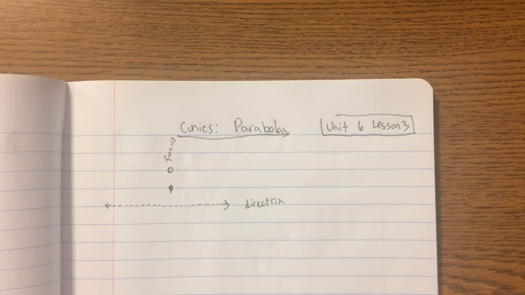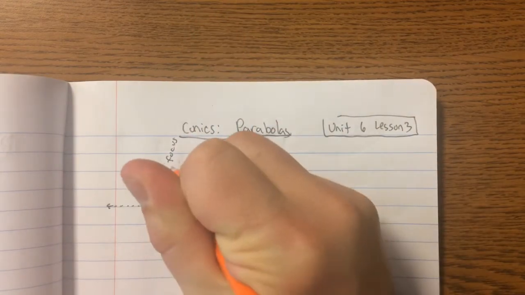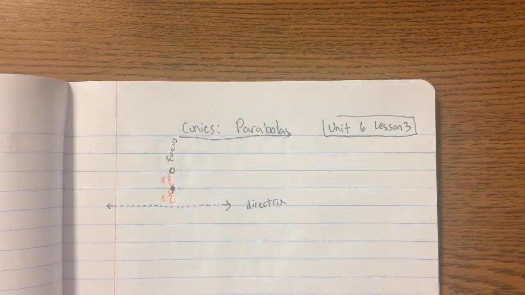Okay, we're going to call that distance P. So the distance from here to here is P. The distance from here to here is P. So that whole distance, from the focus to the directrix, is 2P.